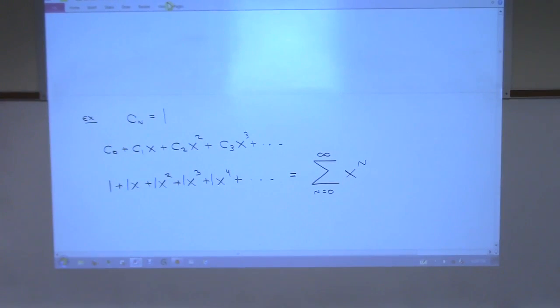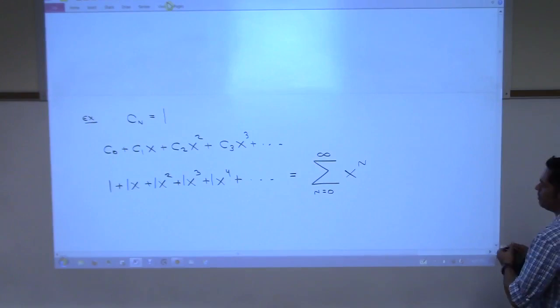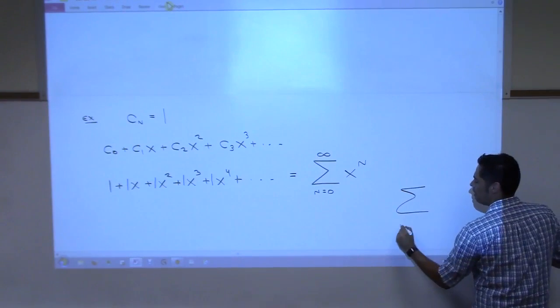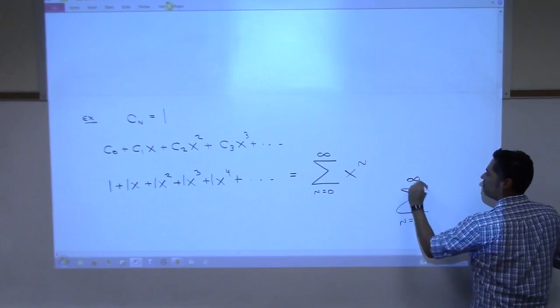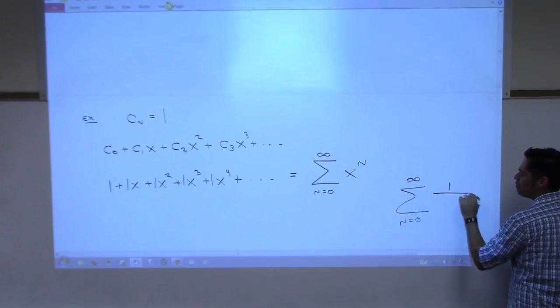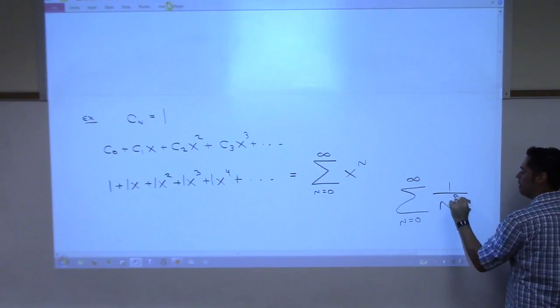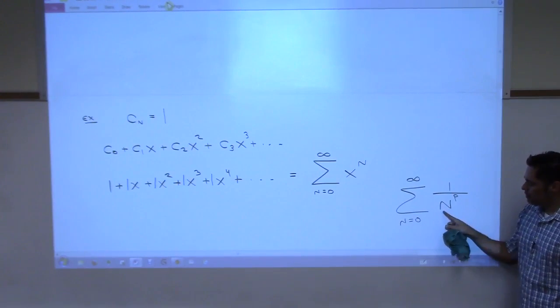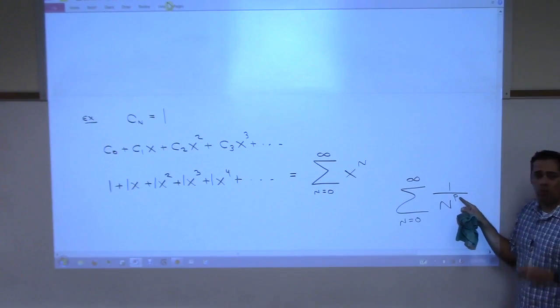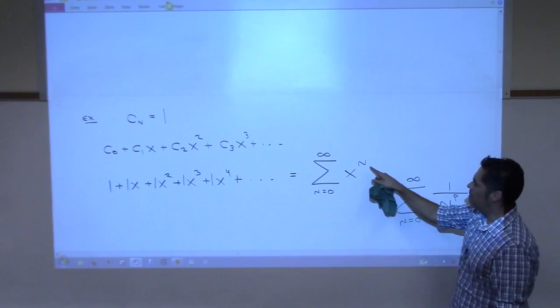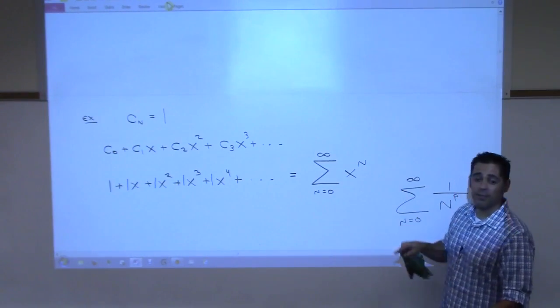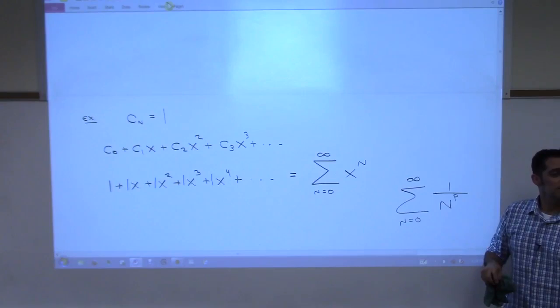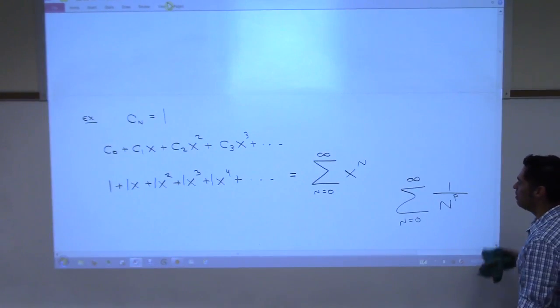Close. If you look back on P series, and this is a common thing to flip around, on P series, we had n to the p. So the base was being controlled by the n, and the power was fixed. Here, the power is changing, and the base is fixed. Geometric series. This is a geometric series.